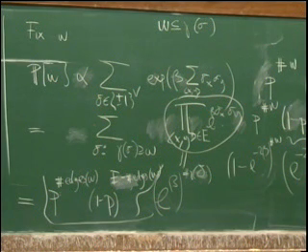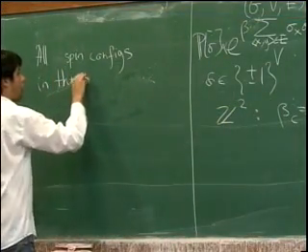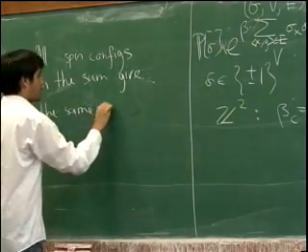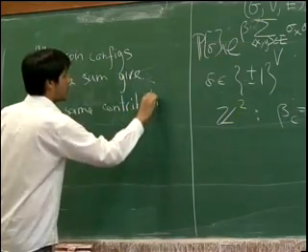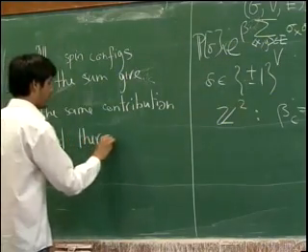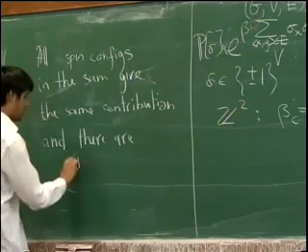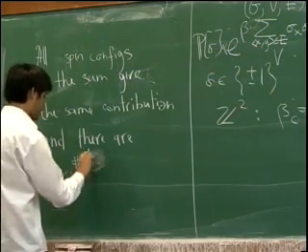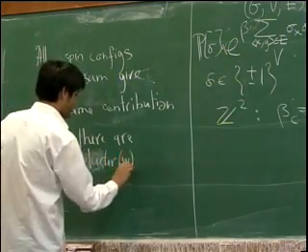All spin configs in the sum give the same contribution, and they are 2 to the number of clusters of omega of them.